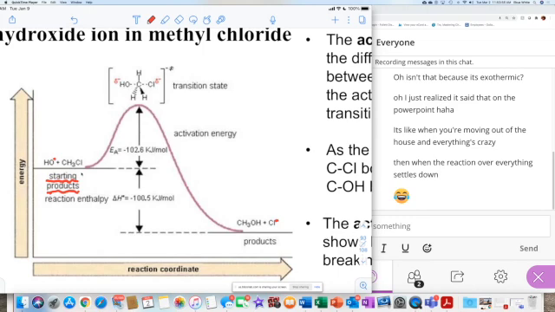Okay, so for our reference, this is our reactant, this is our starting point. You can see you have OH minus, and it's doing something with CH3Cl. And when we look at our ending point, now we have the CH3 with the OH instead of the Cl, and now the Cl is by itself, right?